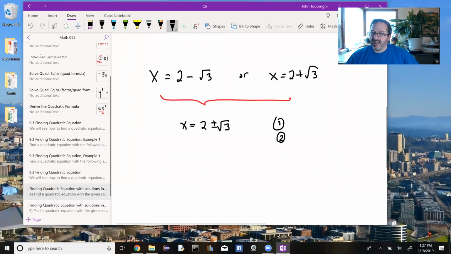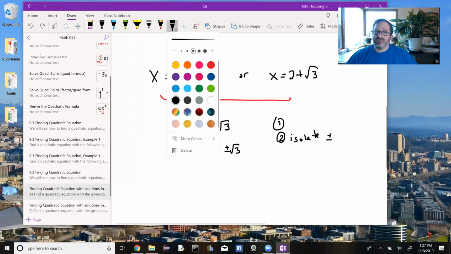Our second step would be to isolate the plus or minus term. So that's this plus or minus root 3. To do that, I have to subtract 2 from both sides. And then to undo the square root, we can square both sides of this equation.